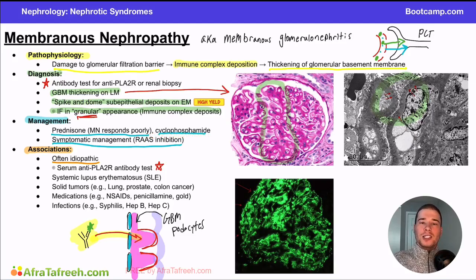This is important because in general, we want to try to be as least invasive as possible when working up and trying to treat these patients. So that is to say that oftentimes this antibody test can actually avoid the need for a renal biopsy. It's also important to know that many of the causes of this condition are deemed secondary causes. That is to say, they have a primary condition of something like systemic lupus erythematosus, which would be the primary problem with the patient, right?